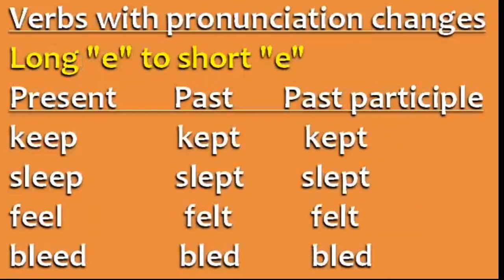Another group of irregular verbs is verbs with pronunciation changes. For example, long E to short E. Keep, kept, kept. Sleep, slept, slept. Feel, felt, felt.